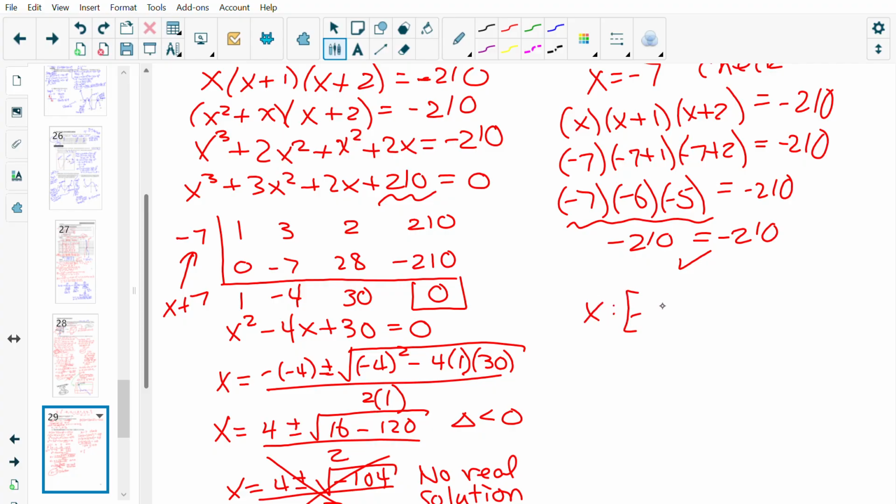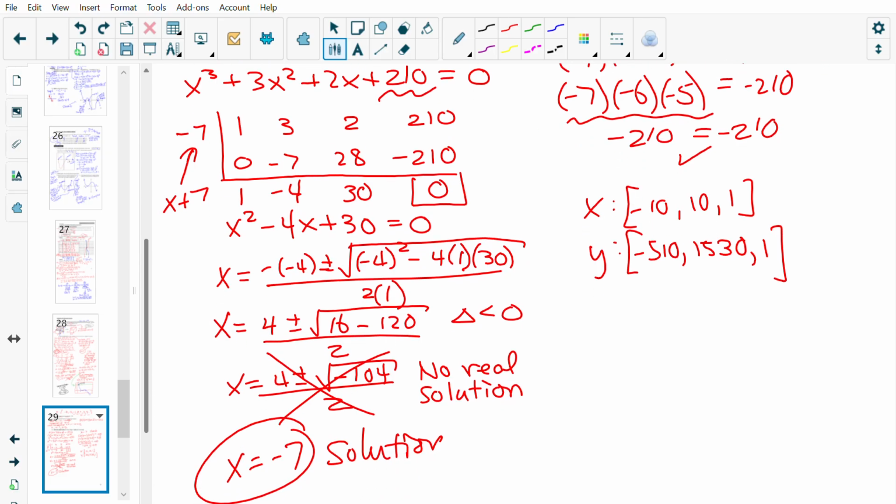Okay, let's graph this. It says check with technology. My x window, negative 10, 10, and 1. My y window is negative 5, 10, 15, 30, and 1.